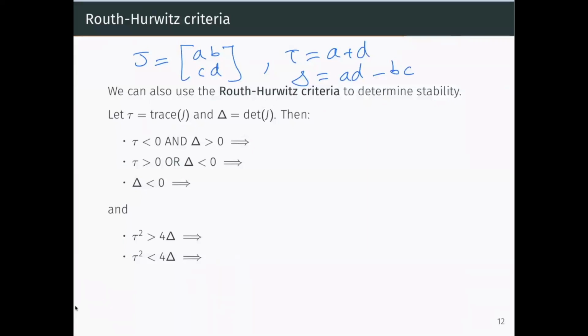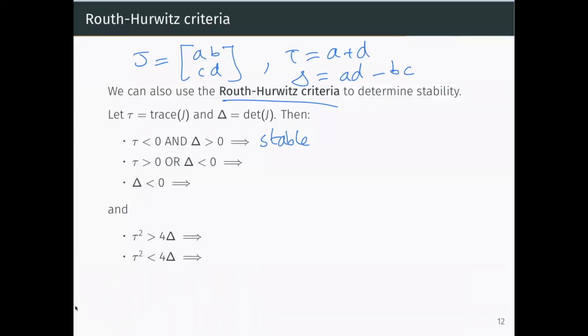Now, the Routh-Hurwitz criteria are really useful because they tell us about our eigenvalues based on the signs of our trace and determinant. So if our trace is negative and our determinant is positive, then we end up with our eigenvalues having negative real parts. And this means that whatever happens, we have something that is stable.